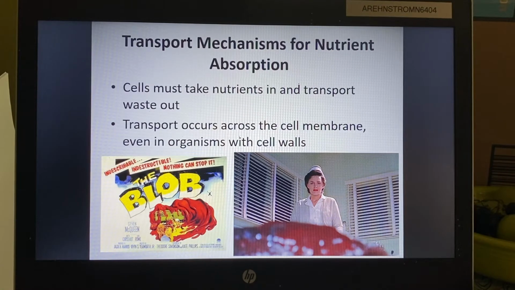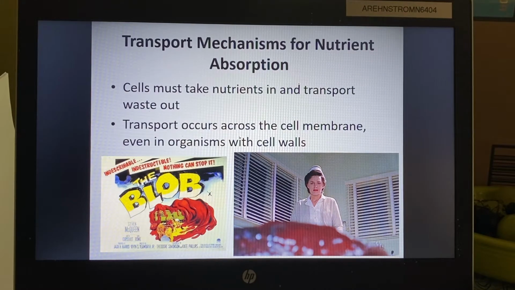So these transport mechanisms always occur across the cell membrane, even when you have organisms with cell walls like plants and most bacteria. This is a reason why cells have to be really, really small, because especially in bacteria, there's no mechanism to pump things in and out.